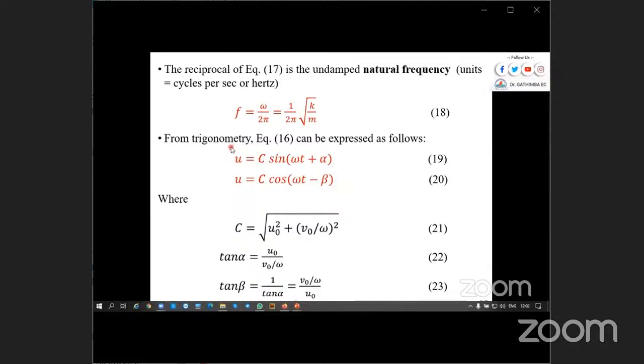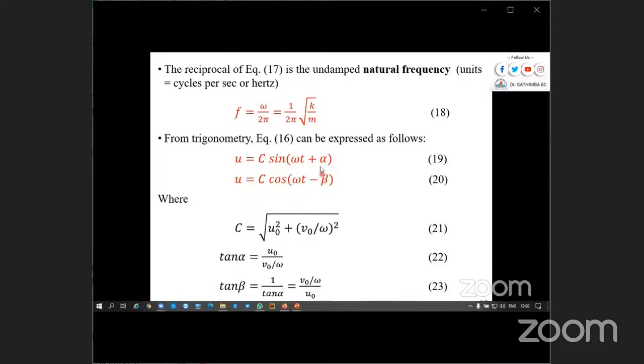So we are still working down towards the solution of our motion, and then we want to get the different parameters that are required to express our wave. Okay, and we see this is a sinusoidal function, equation 20 or 19. C will be the amplitude.